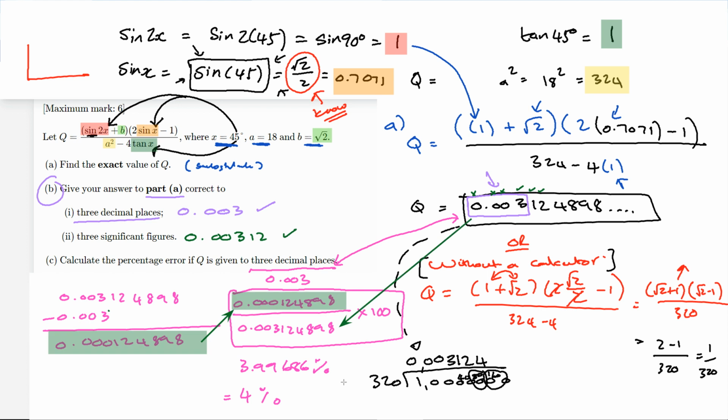So why do we have a percentage error, right? We have a percentage error because this is the exact value, and this one here is the rounded value. Because we've removed this part over here, we've taken that as a percentage out.